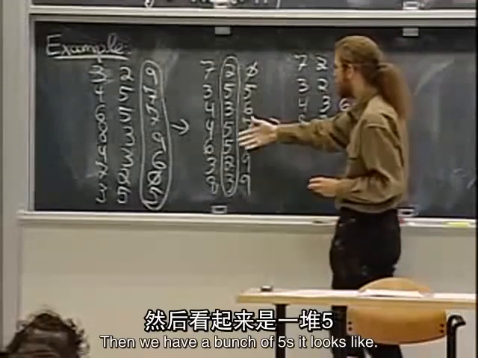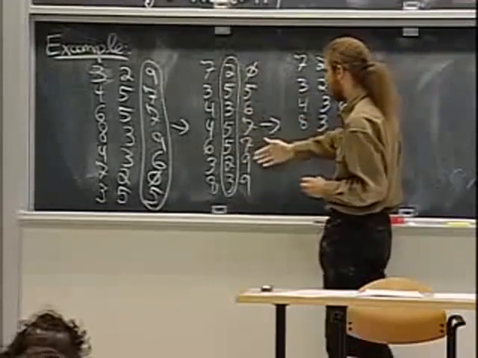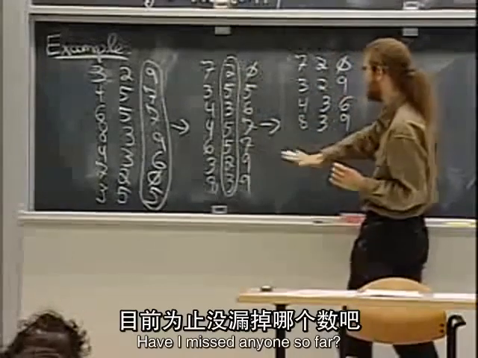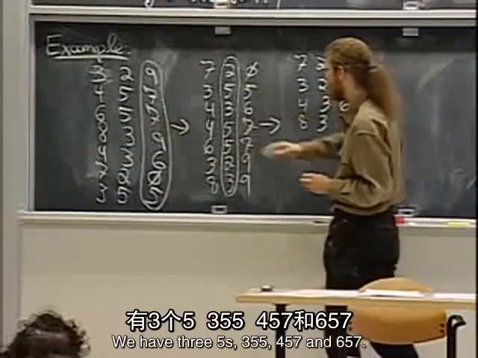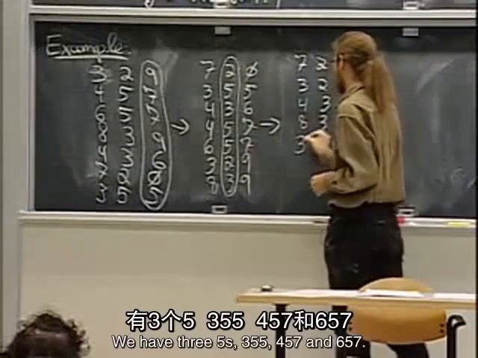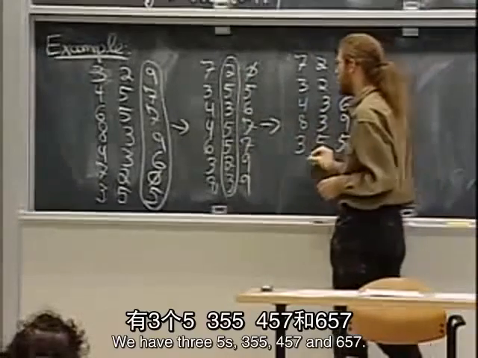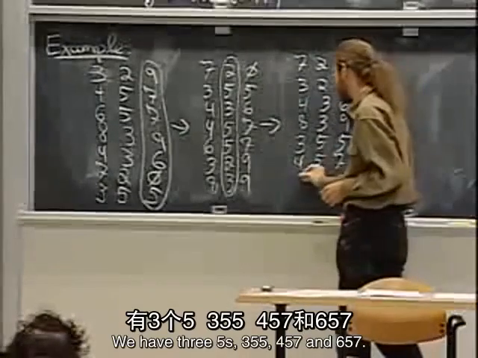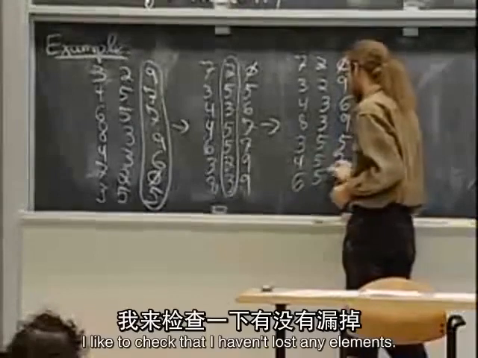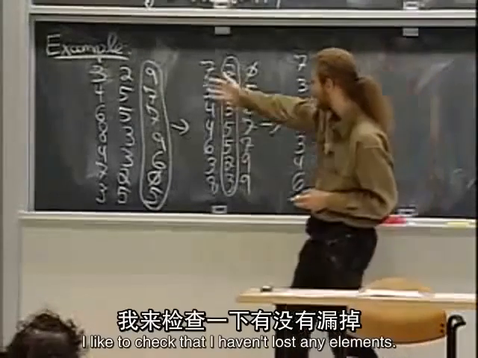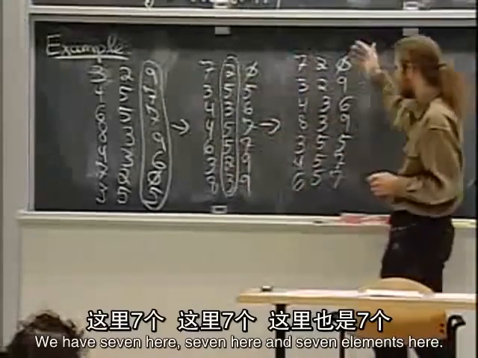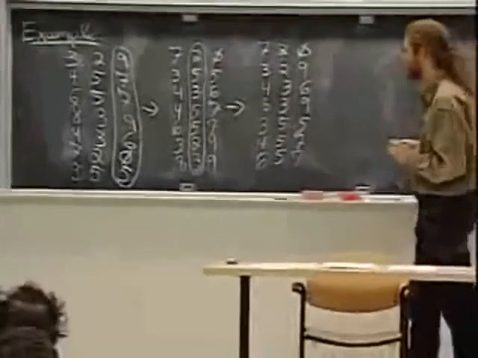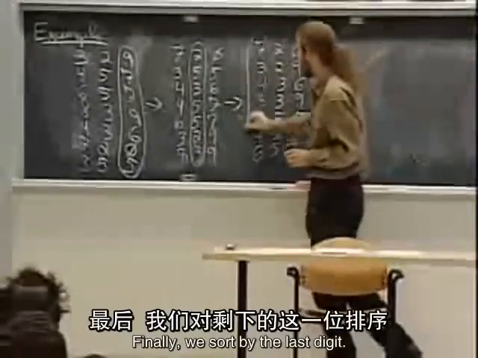Then we have a bunch of 5s, it looks like. Have I missed anyone so far? No? Good. We have 3 5s. We have 355. We have 457. And we have 657. And I'd like to check that I haven't lost any elements. So we have 7 here, 7 here, and 7 elements here. Good. Finally, we sort by the last digit.